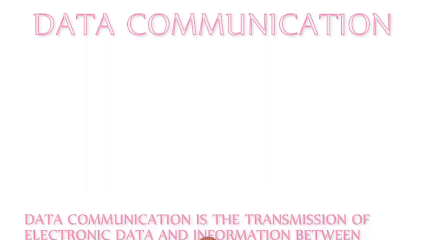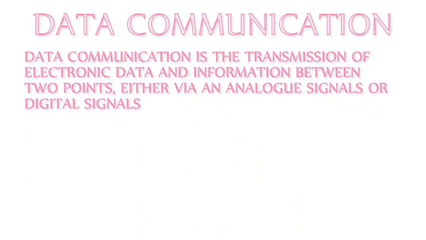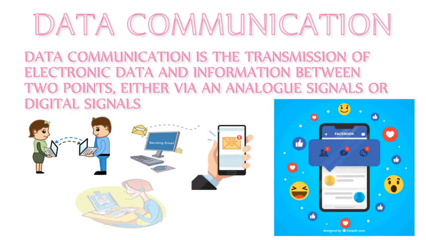Data communication can also be explained as the transmission of electronic data and information between two points, either via analog or digital electrical signals or digital binary signals.